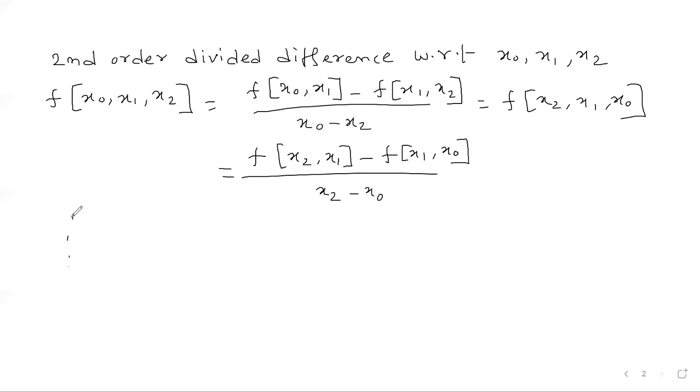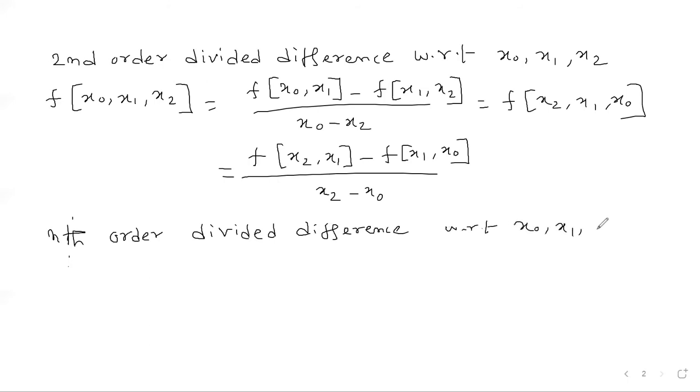So like this, we can define the nth order divided difference with respect to the arguments x0, x1 up to xn, which is denoted by f of x0, x1 up to xn.